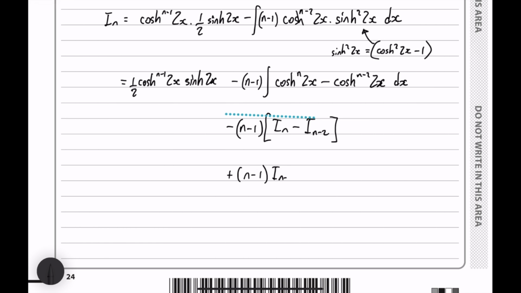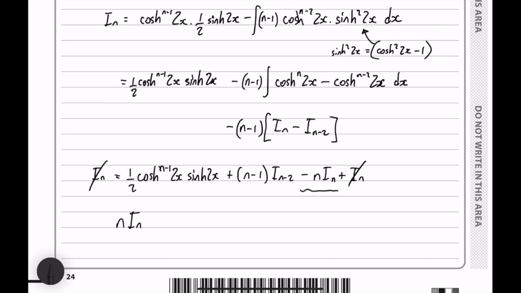like this. But then we're going to expand this because this will always cancel in this sort of question. Plus I_n. And we've still got all of this on the front, sinh 2x and the I_n here, which is what cancels with that. And then we bring this term on the left, which is why we end up dividing by n.